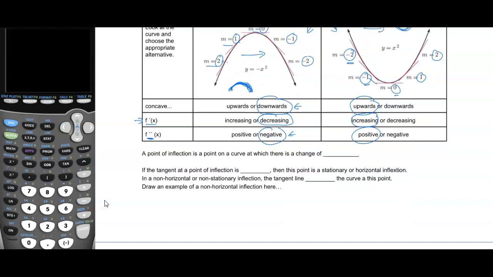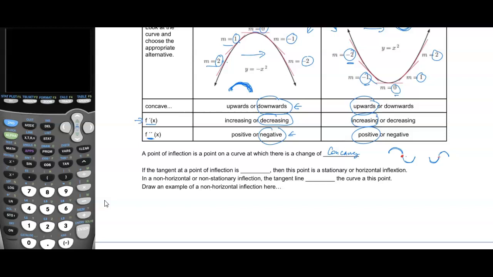A point of inflection is a point on the curve where there is a change of concavity. Okay, so if we have concave down and then we have concave up, the point that is in between the two is an inflection point. If we go the opposite way and we have concave up and then concave down, in between we have an inflection point.